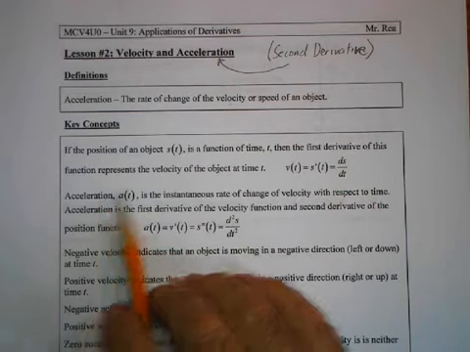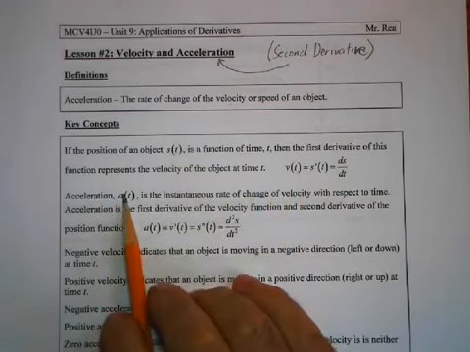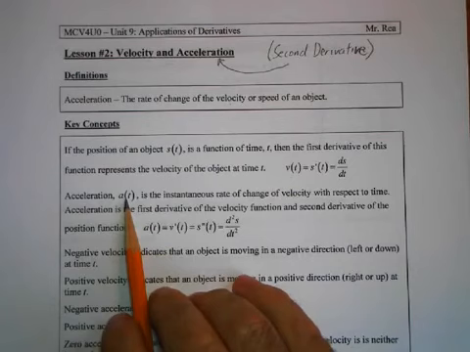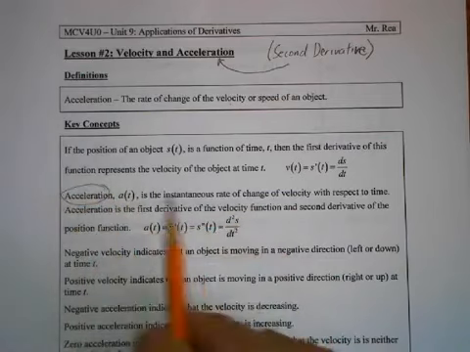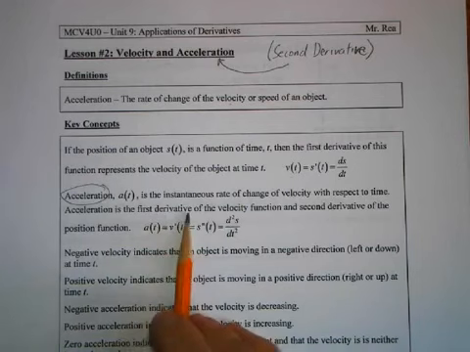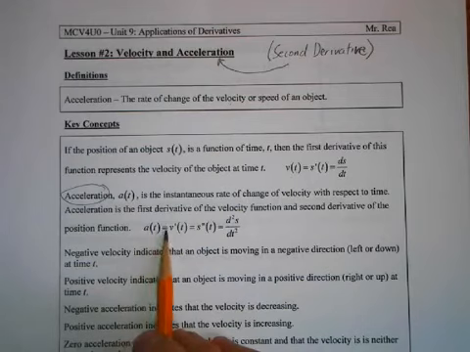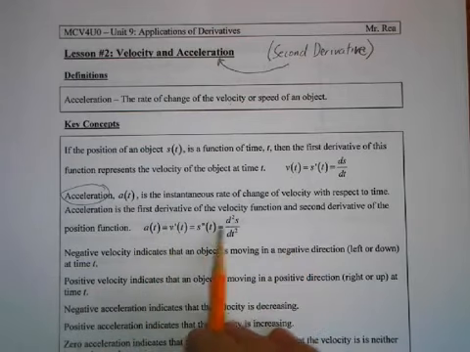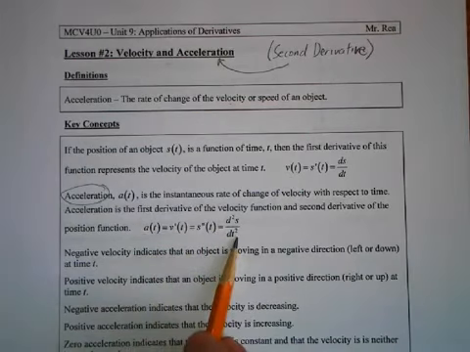Now, if we take that one step farther, we have a of t, the instantaneous rate of change of velocity with respect to time, which is just called acceleration. So the acceleration function is the first derivative of the velocity function. So a of t equals the derivative of the velocity function, and it's also the second derivative of the position. So you could put these things all equal to each other.